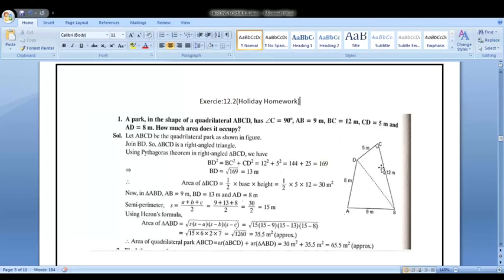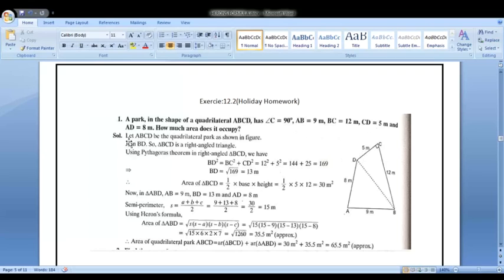So what do we have to do? We have to draw an imaginary line. This dotted line divides the quadrilateral into two different triangles. We will find the area of one triangle and the area of another triangle, then add them. By this we get the area of the whole quadrilateral.